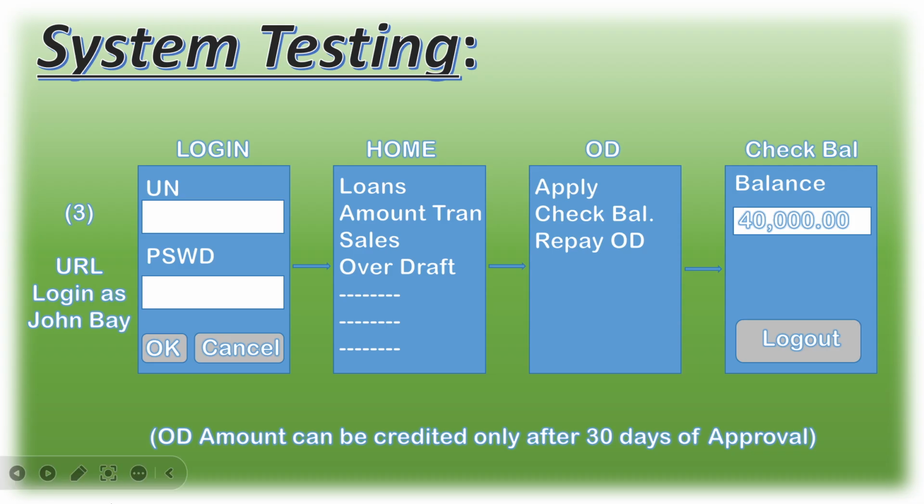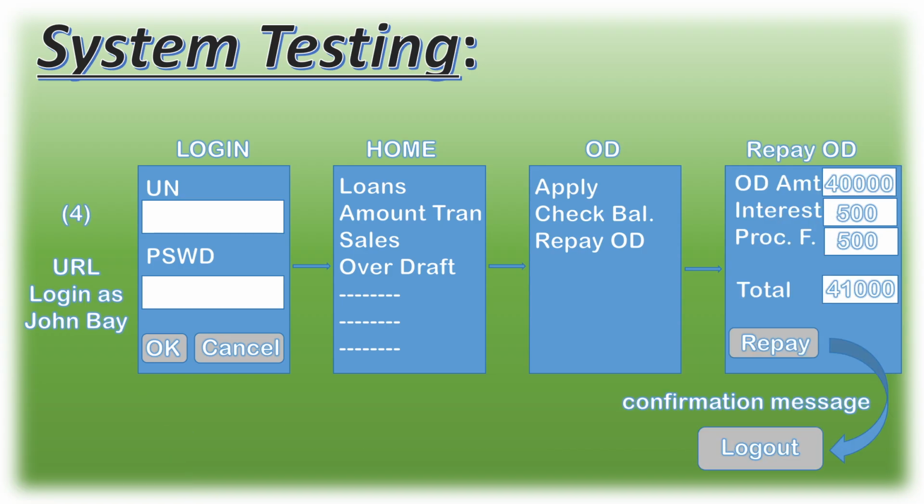All right, once this is completed, again you have to repay that amount. So you can log in as JohnPay, put in your valid username and password, click on OK, and it will go to the home page. In the home page you can click on the overdraft option, then it goes to the overdraft page.